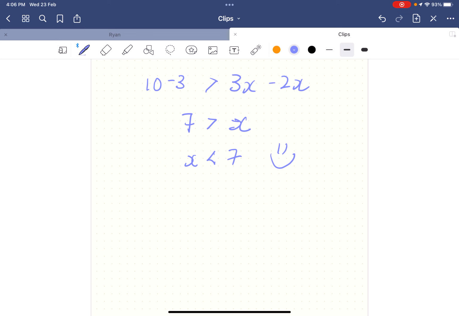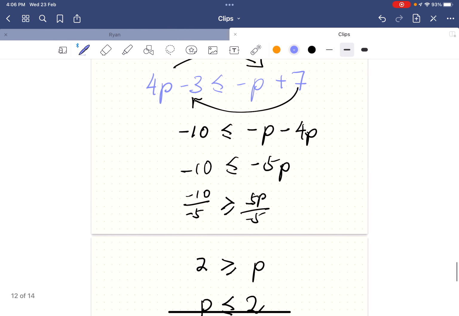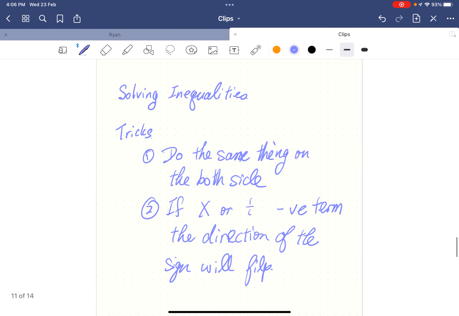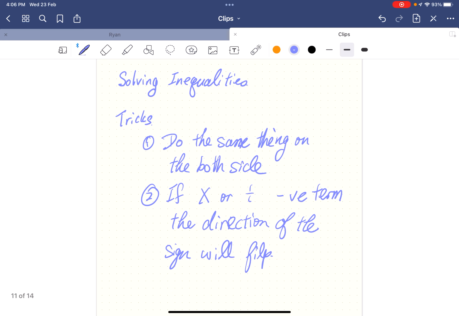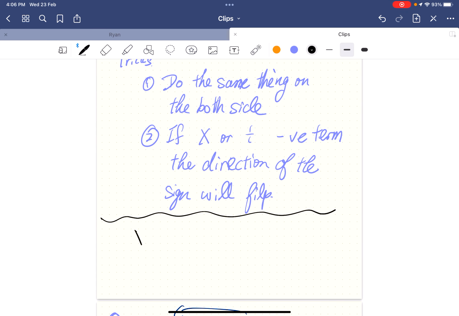So this is about the end of today's video. We just went through some of the questions. Remember, going back to the top, if you need to multiply or divide by a negative number, you have to swap the direction of the sign. Or, an extra trick, avoid a negative coefficient of the unknown.